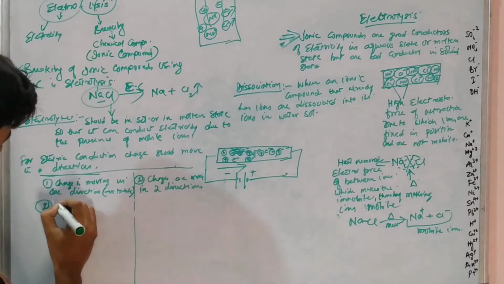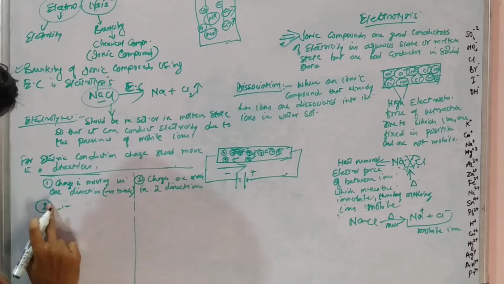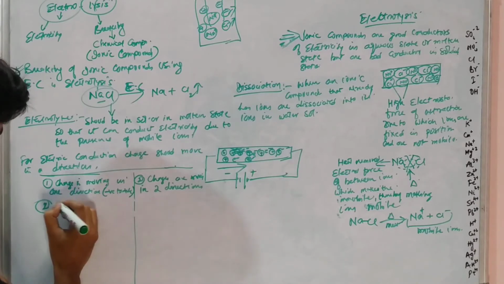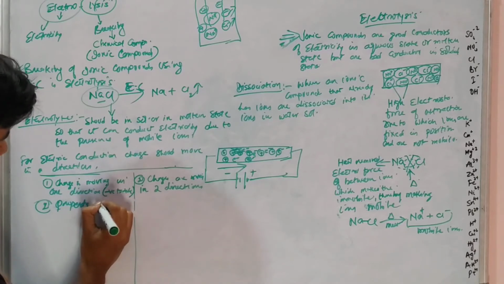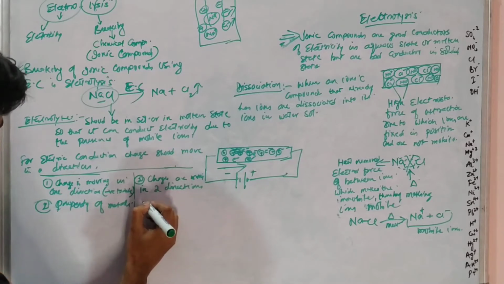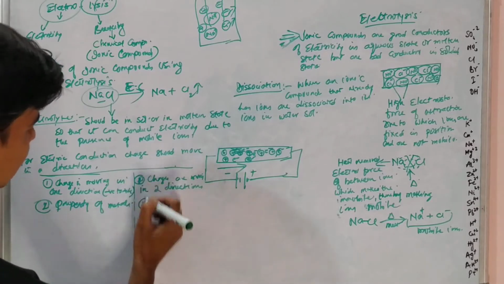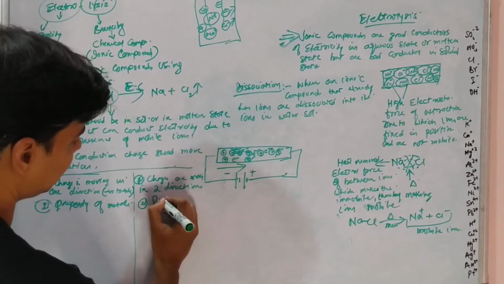Right. So electrons, so this is electrical conduction in metals, a property of metals, right? And this is electrical conduction in ionic compounds.